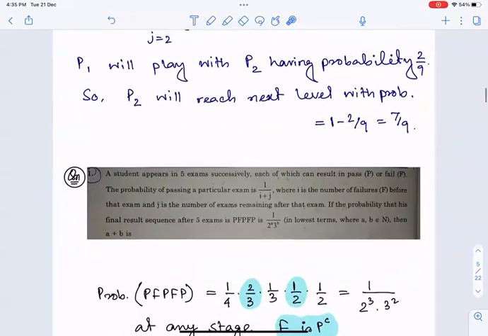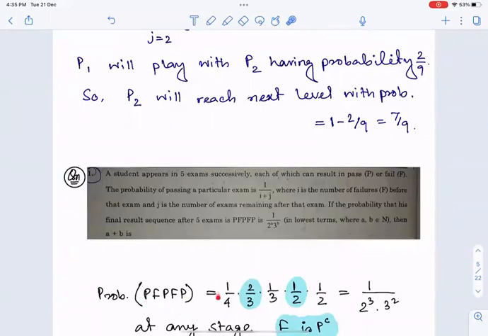So when we are going for this combination, pass, fail, it is not just fail, it is fail in the second round, provided pass in the first round. Then again pass, that is pass in the third round. Similarly, this F, this P, these are all conditional probabilities.